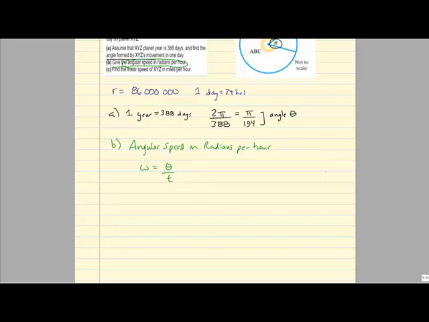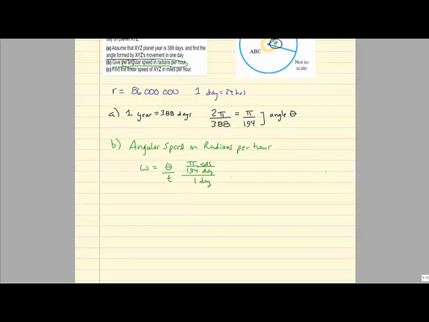Okay, so we know something about theta. We just found that in part A. So that was pi over 194. Now if we wanted to put some units to this, that would be radians per day. Now t is our time, so this is what happens in 1 day.